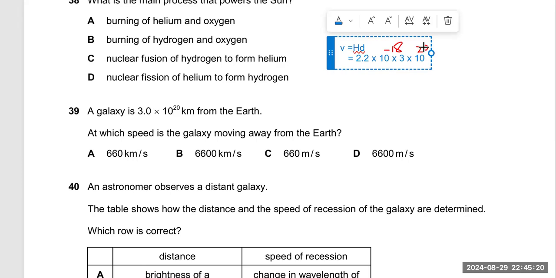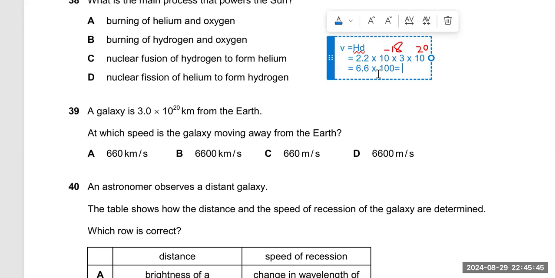So multiply 3 by 2.2, which is 6.6, and multiply by 10 raised to the power minus 18 and 20, which gives 10 raised to the power 2, which is equal to 100.